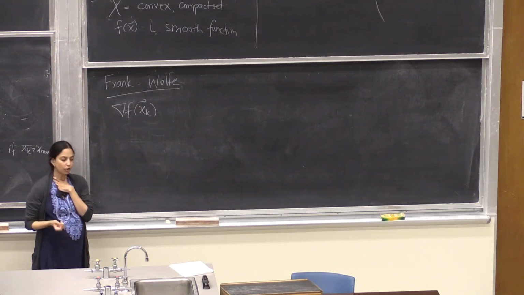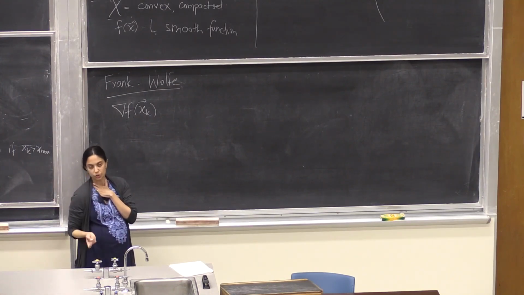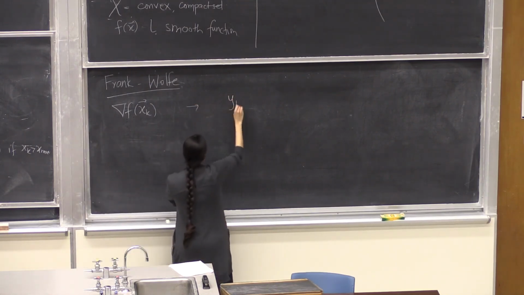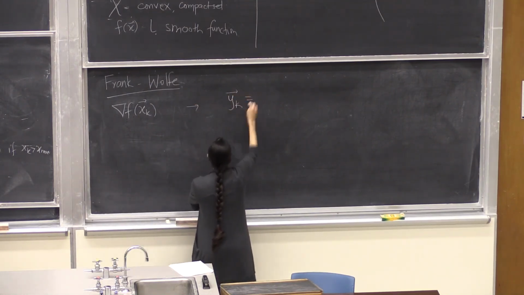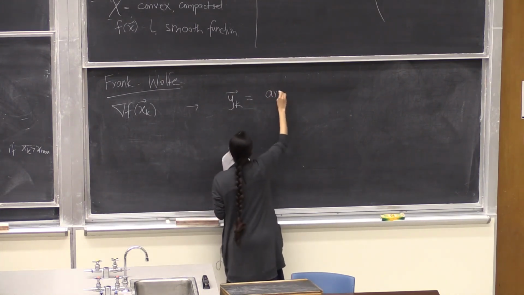But if we cannot move in that direction, let's say moving in that direction gets us to a bad situation, what I'm going to do is define yk to be equal to the arg min.